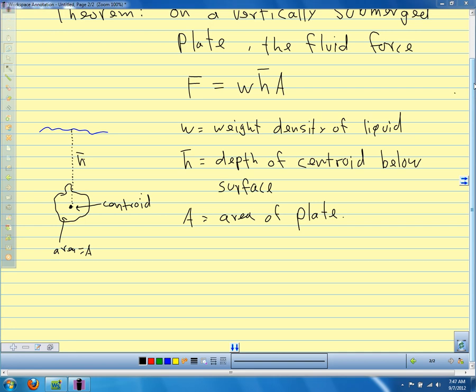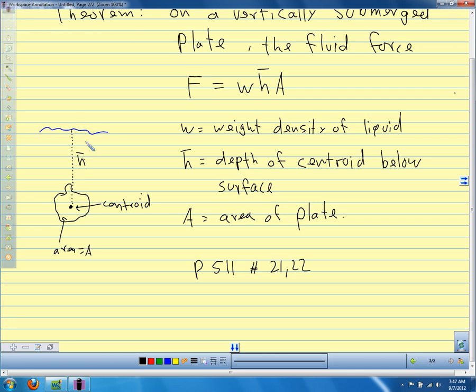Now, with this idea in mind, you could look back at page 511, number 21 and 22. Number 21 is asking you to demonstrate that this is true. I think they ask you to demonstrate that it's true for a circle.